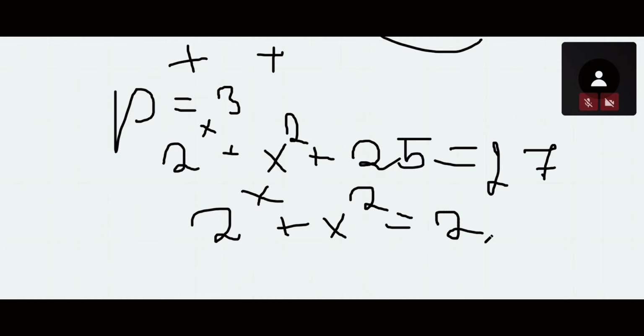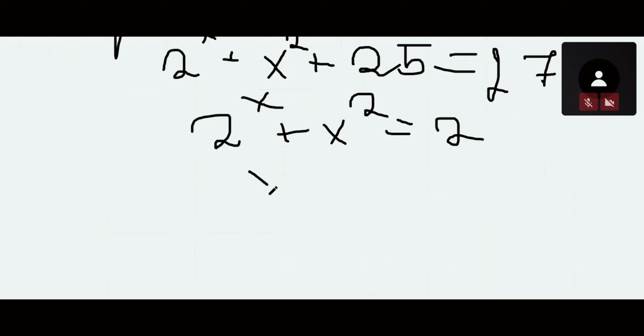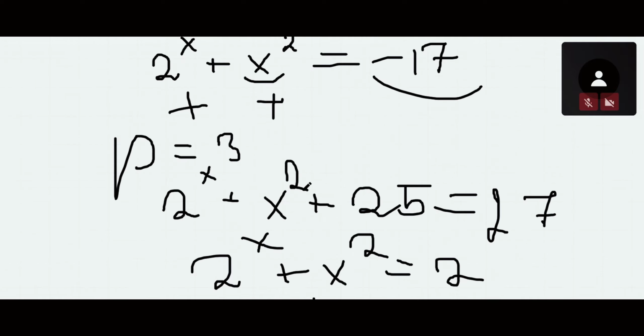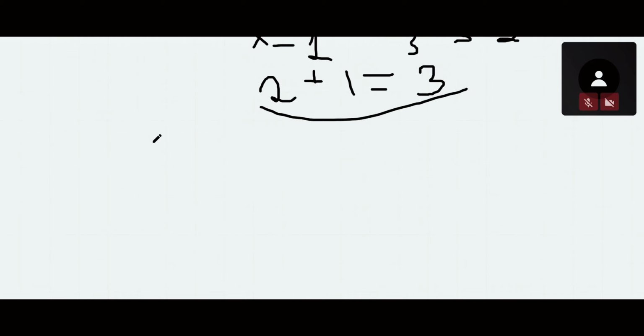But it can't be, because for the minimum value of x, if we take x as 1, it makes 2 plus 1, which is 3, the minimum number. 3 is bigger than 2, so it also can't be the answer. So p is bigger than 3.